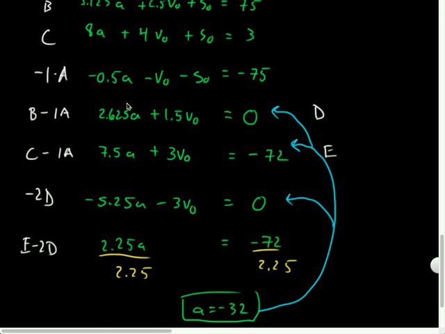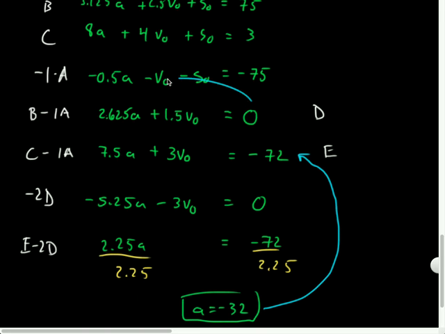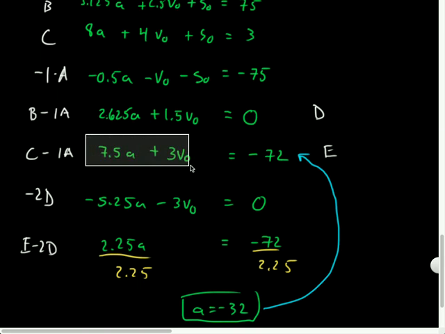I want to plug it into an equation that has A, first of all, and only 2 variables overall, so that way I can actually be effective with it. Even though these are smaller numbers, they're more decimally. They're scary. So I'm going to just plug it into this guy here.